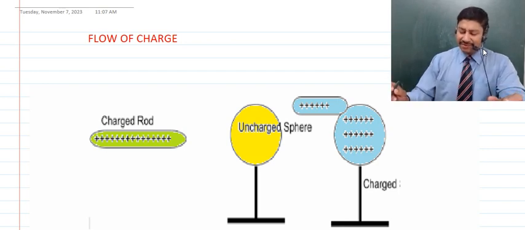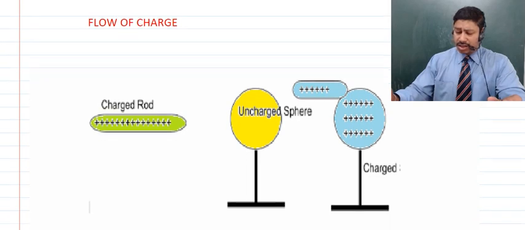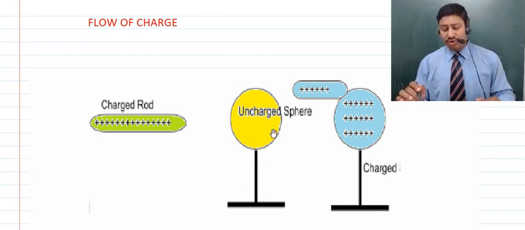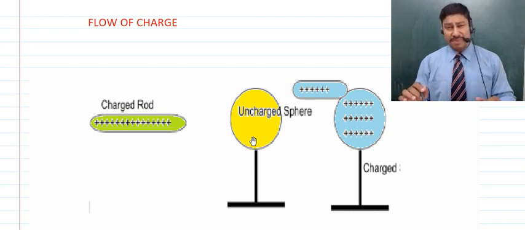So let's say now that we have a charged rod here, and let's say we have an uncharged sphere here. Both of these are metallic, and when we hold them, we hold them by insulated devices. That means those devices which have some insulation, so the charges won't flow out either to a hand or to the earth, of this charged or uncharged sphere.